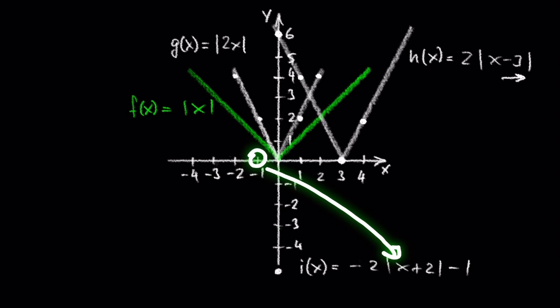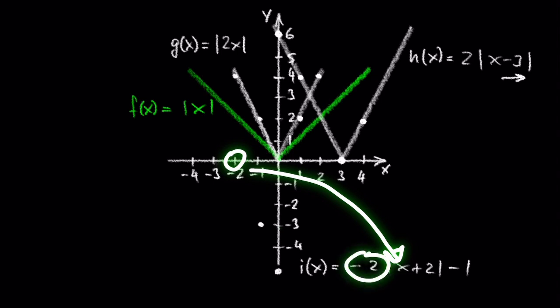Negative 1 plus 2 is 1, and the absolute value of 1 is 1. 1 times negative 2 is negative 2, minus 1 is negative 3. Negative 2 plus 2 is 0, and the absolute value of 0 is 0. 0 times negative 2 is 0, minus 1 is negative 1.